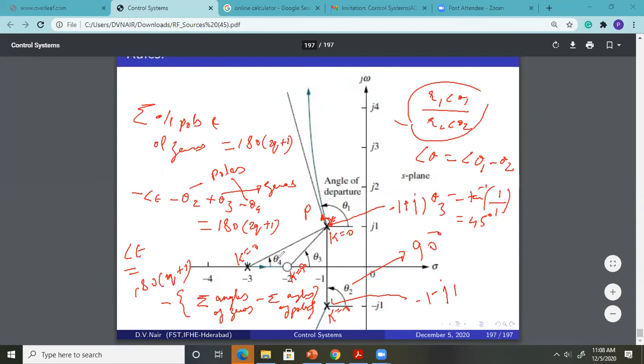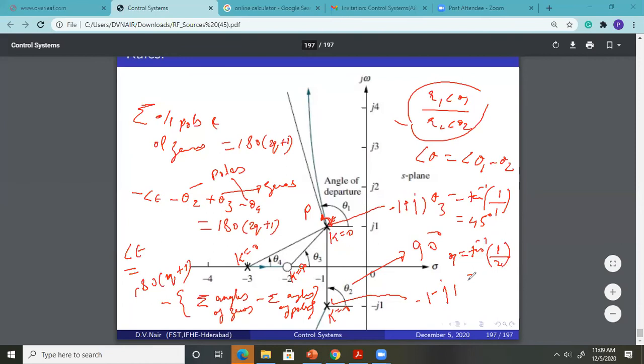And what is theta 4? Quickly, tan inverse for theta 4. So you take this complete triangle. The vertical is still 1, the opposite side is still 1. And what is the adjacent side for theta 4? 1 plus 1, that is 2.